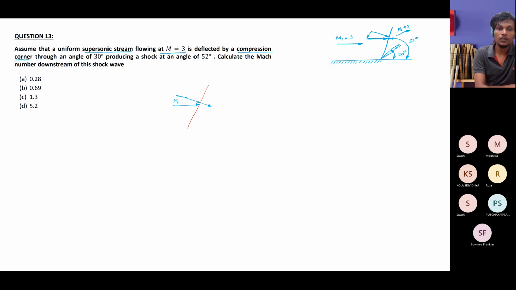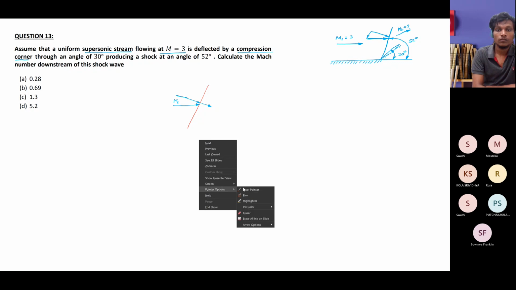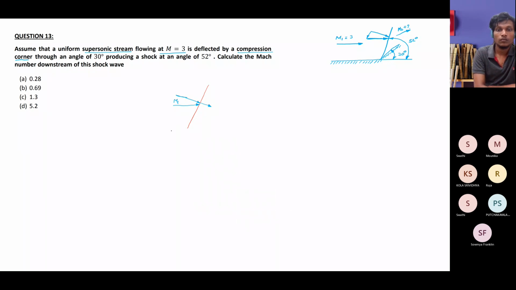This is the wall, or the compression corner we are talking about.